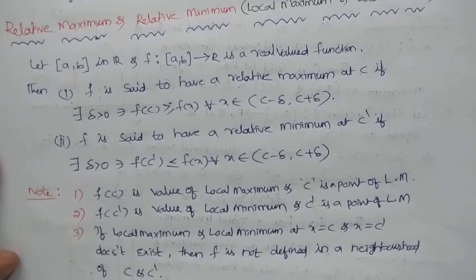If there does not exist a local minimum and local maximum for the given function, what can we conclude? f is not defined on such a neighborhood of c and c dash respectively.